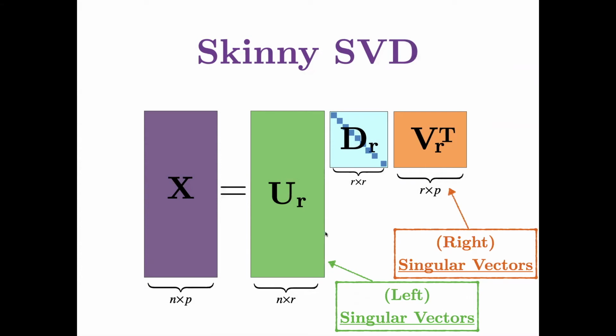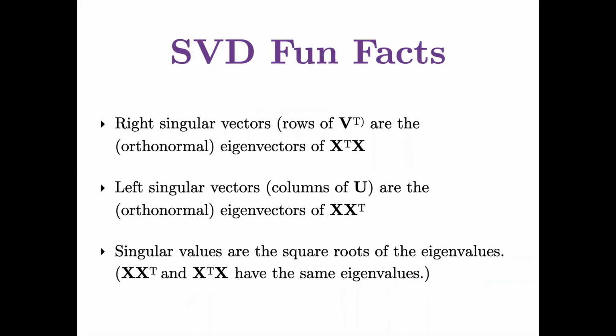And what we're actually going to see is that when X is a data matrix that's centered or standardized, these V's are just the principal components. They're the eigenvectors. And these U's are the standardized scores. If I multiply U times D, what I would get is the scores. So we'll get into that here in a minute.